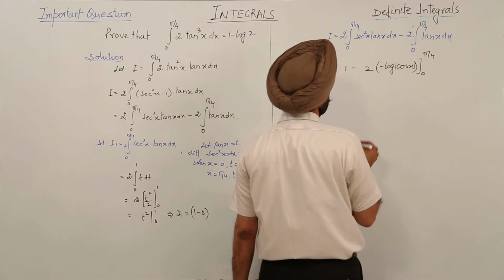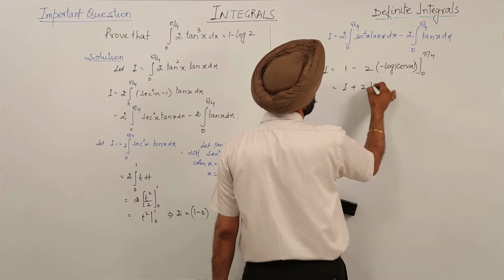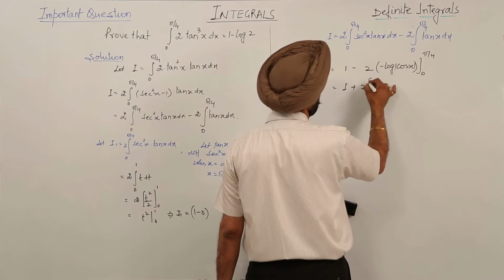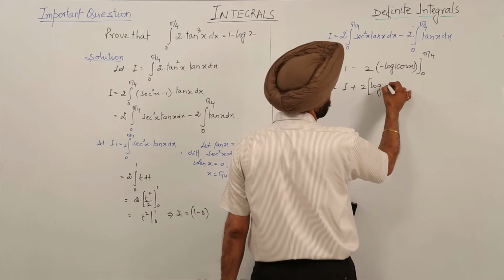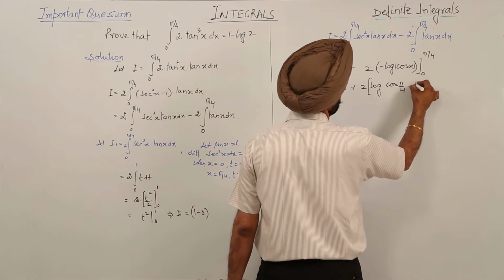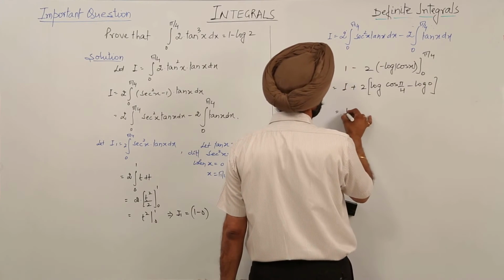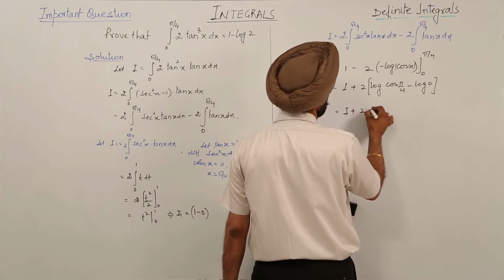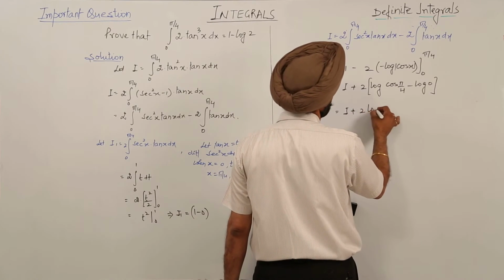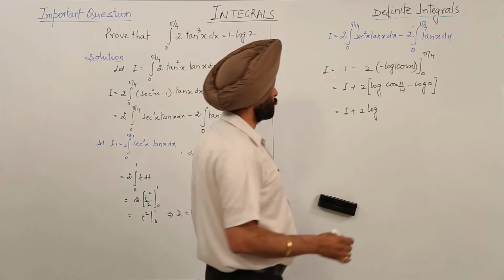Like this. Now what we are having: plus 2 log cos pi by 4 minus log cos 0, that is log cos 45 degree. Now it is what? 1 by root 2.